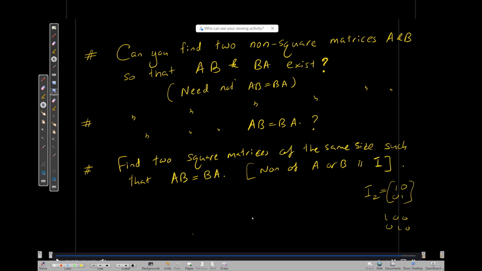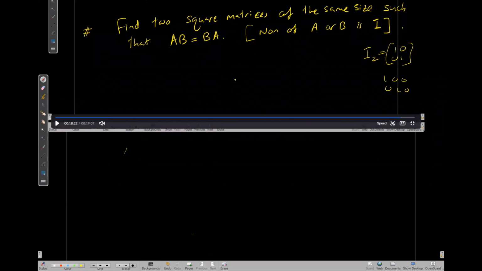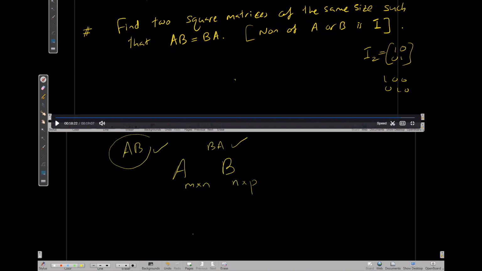You just need to find two matrices such that AB exists and BA exists. See, if A is m by n, then in order for AB to exist, B must be n by p. This number should be the same.